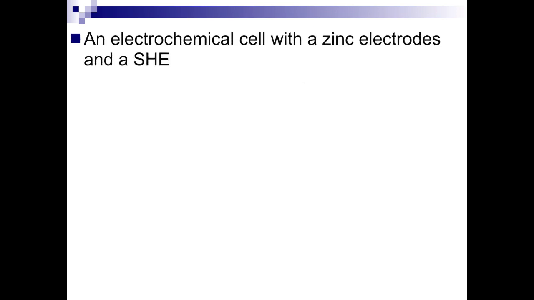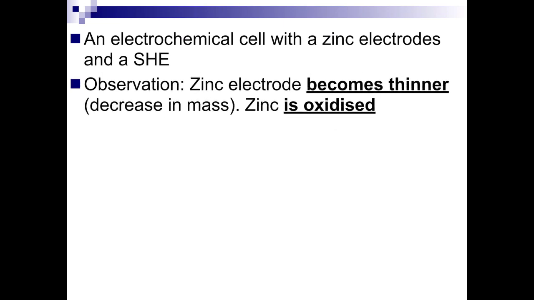In this electrochemical cell with a zinc electrode and a SHE, we can study the observation where the zinc electrode becomes thinner or decreases in mass. This means that zinc is oxidized. The zinc solid dissolves into zinc 2+ and releases 2 electrons.